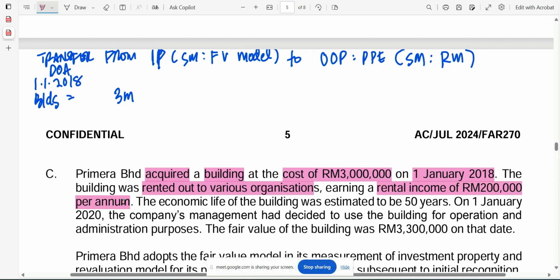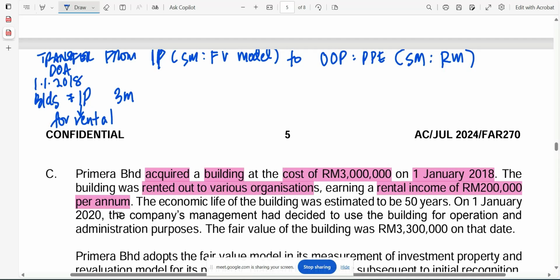So the building here is an item of IP. The reason is because it was held for rental purpose, and that was starting 1st January 2018.